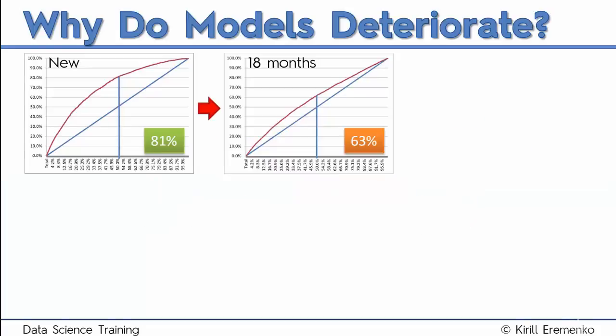Alright, so we saw that a new model in 18 months can easily go from 81% in our rule of thumb assessment to 63%. What could be the reasons? Well, let's have a look at some possible reasons. Additional factors. For instance, your model includes only some variables, and then there is another variable that appears that your model doesn't include.